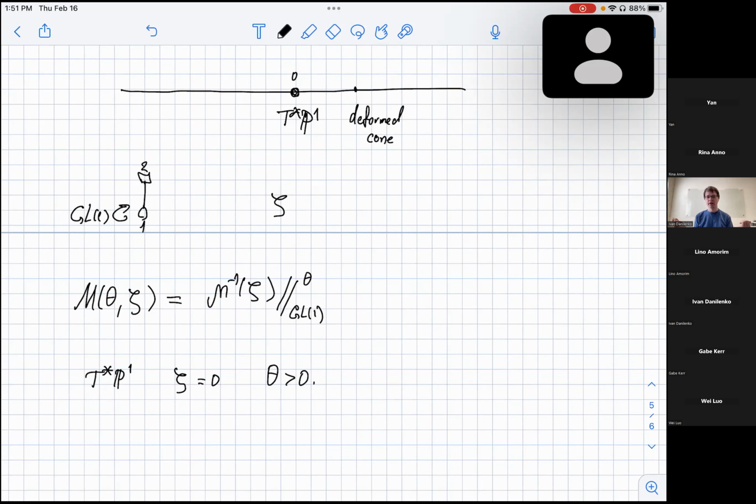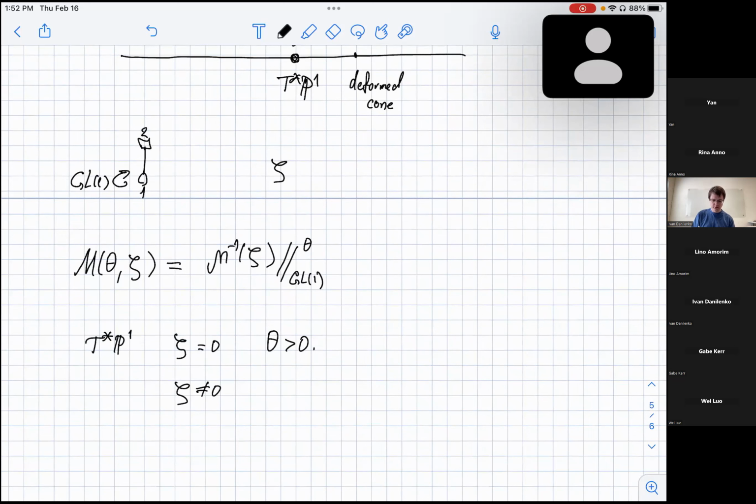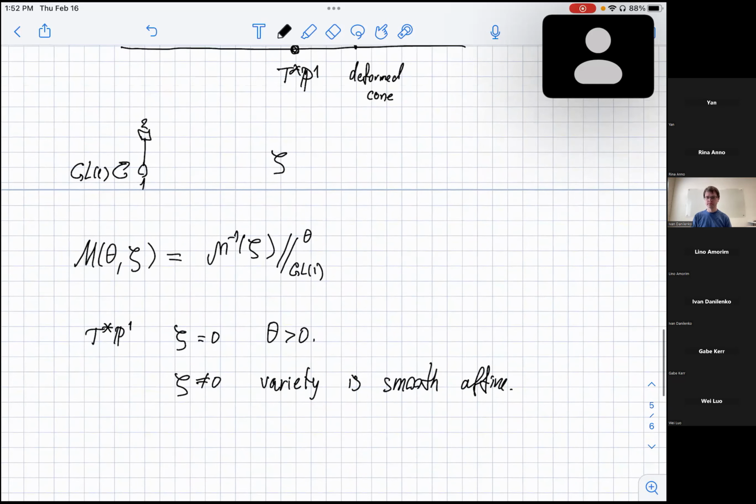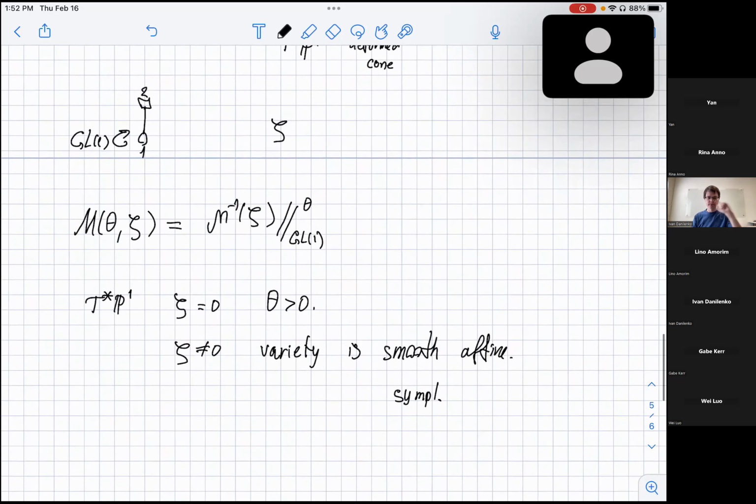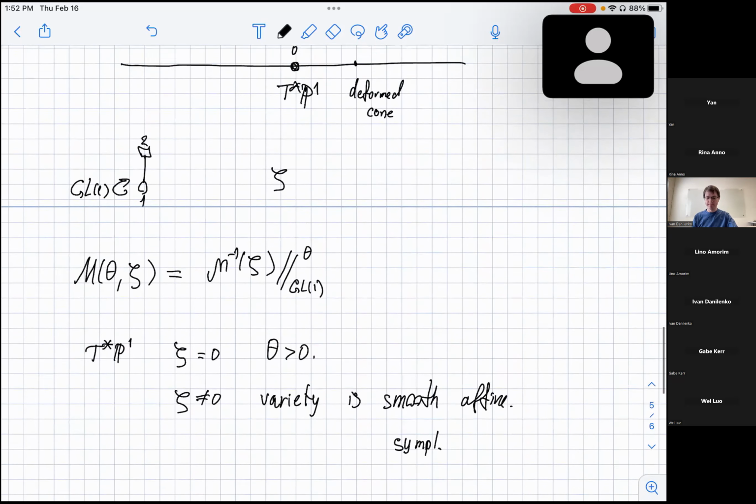You allow zeta to be anything, and if you explicitly write down what it is here, you will see that when zeta is not 0, the variety is smooth affine symplectic.